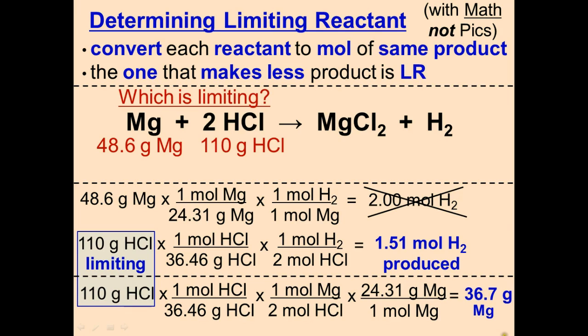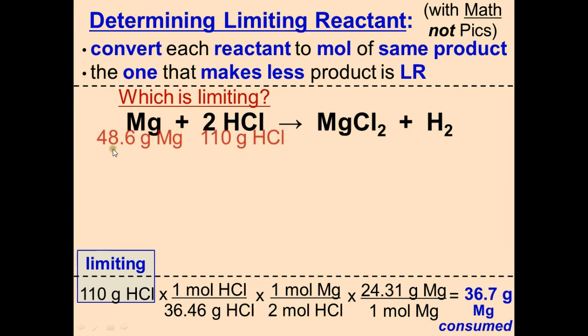And so after we have this much, we can subtract this from the grams of magnesium here to find how much is left over. So this is how much is used, and so we need to find out how much is left. So we just subtract. So we subtract 48.6 from what's consumed.